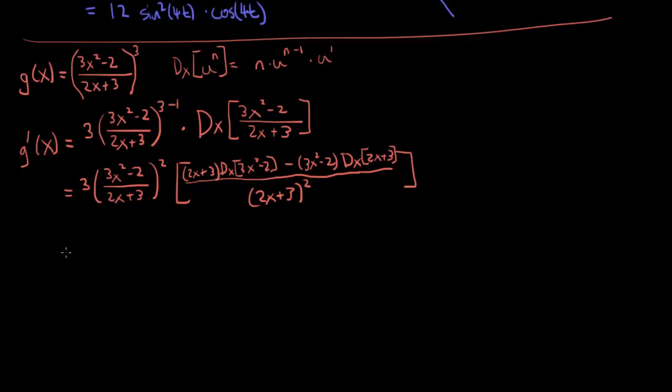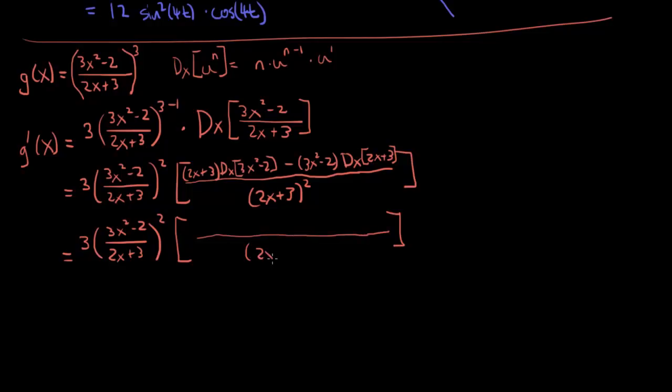Okay, now we need to finish taking those derivatives. We still have this 3, and we have 3x squared minus 2 over 2x plus 3 squared. Let's still have these brackets.